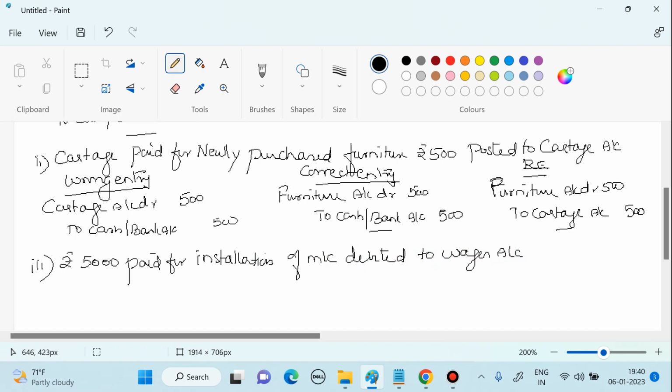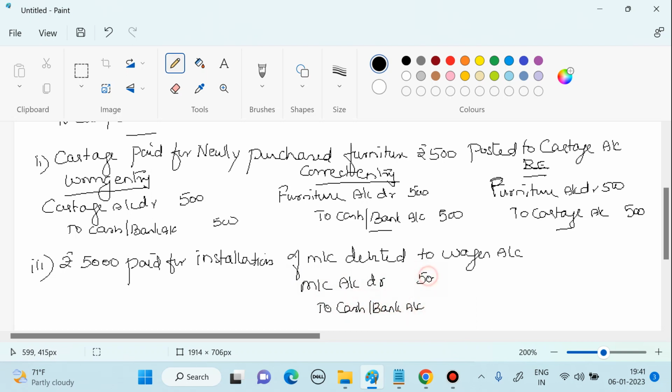Next is 5,000 rupees paid for installation of machinery debited to wages account. So here, what is the mistake? Can somebody tell me? Installation of machine should be debited to machinery account because it's a capital expenditure. The correct thing would have been machinery account debit to cash or bank or whatever.